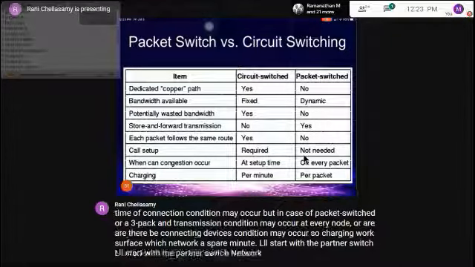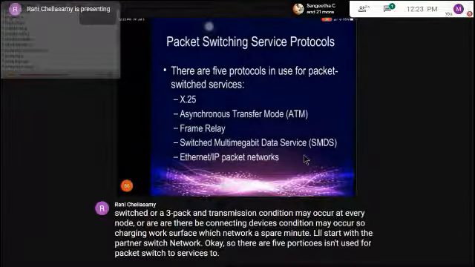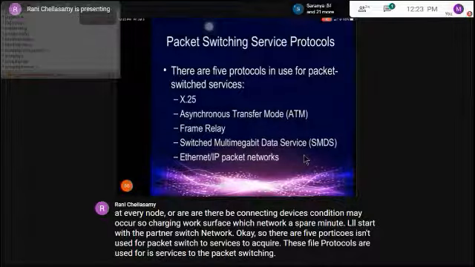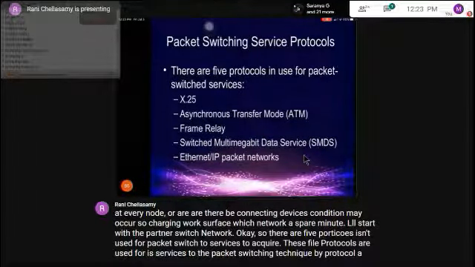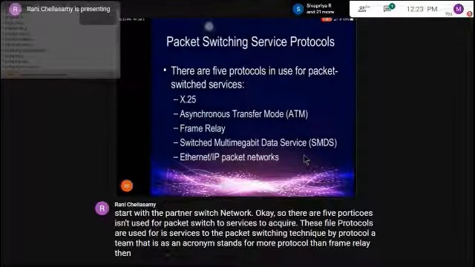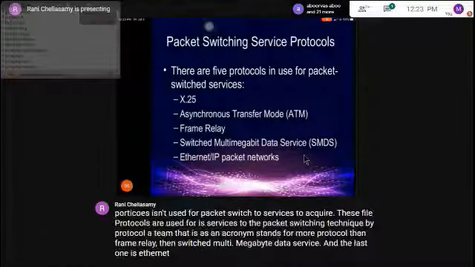There are 5 protocols used to provide services for the packet switching technique: the X.25 protocol, ATM, that is asynchronous transfer mode, then frame relay, then switched multi-megabyte data service, and the last one is Ethernet or IP packet networks.